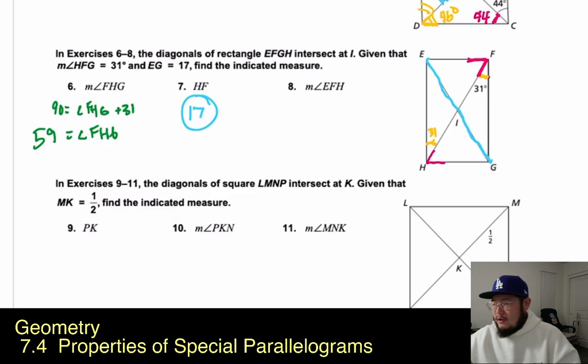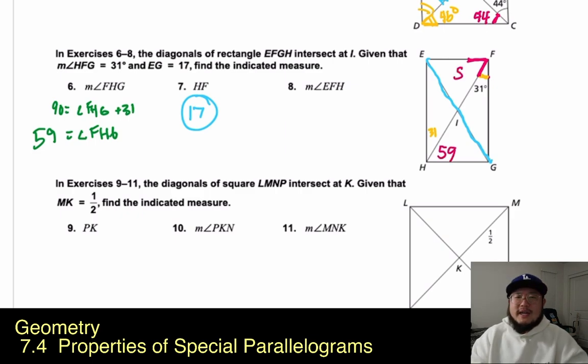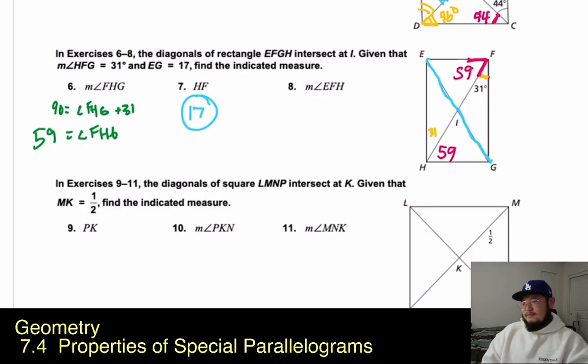And we found out earlier that this angle FHG is 59. So if that's 59, then that's going to make this one 59 as well. So angle EFH is also 59, which is our answer of 59 degrees.